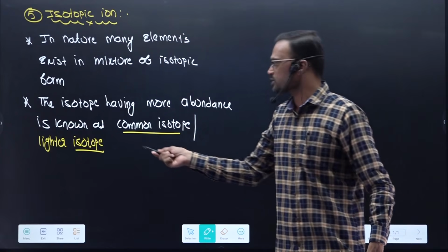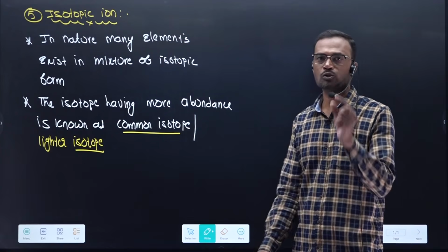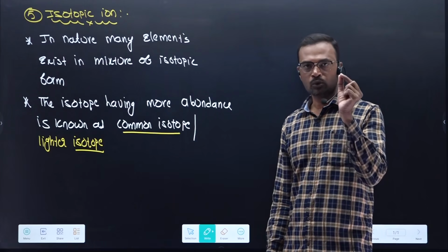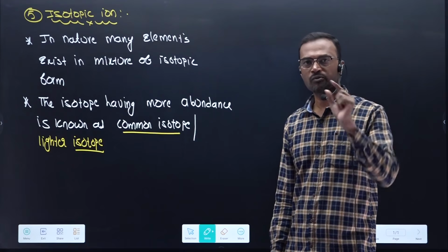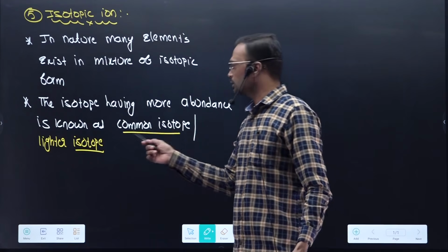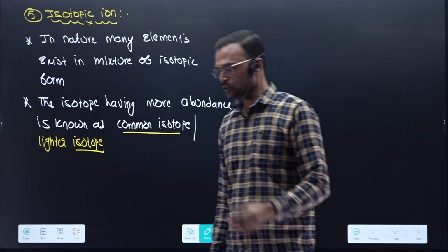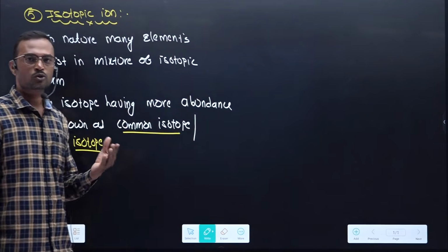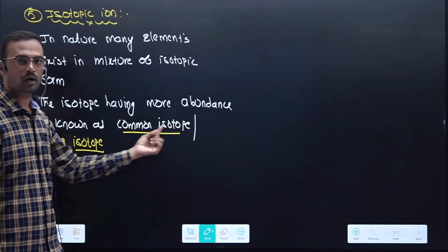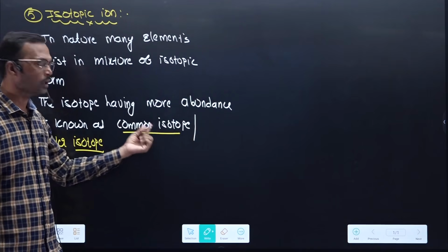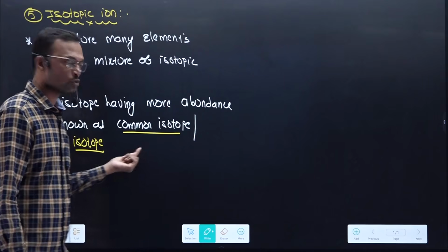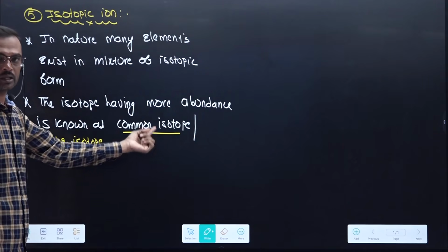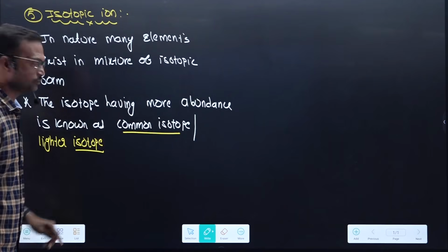Commonly we extract it, that's why it is called the common isotope: the most available, most abundant isotope of the corresponding element. Every element having more than one isotope has one with the most availability, called the common isotope, also called the lighter isotope, having common abundance and easily extractable.